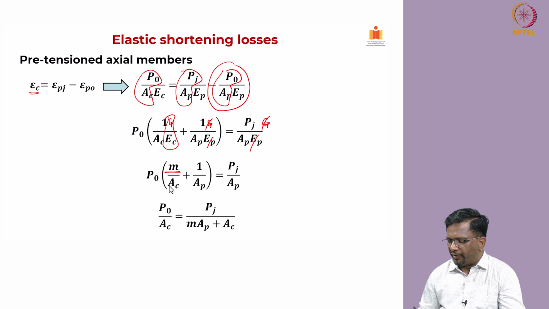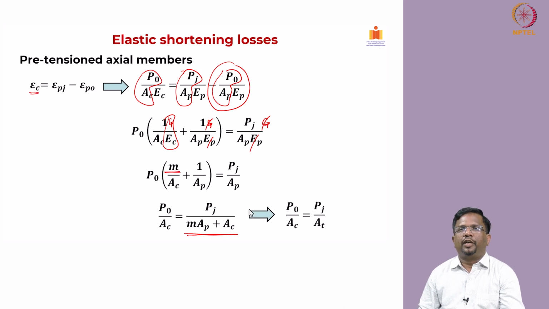If you do the simplification, we can express that P naught by AC is equal to Pj by m into AP plus AC. Now, what is this? You know that this is nothing but the transformed sectional area. So, we can say that P naught by AC is equal to Pj by AT, which is the transformed sectional area.